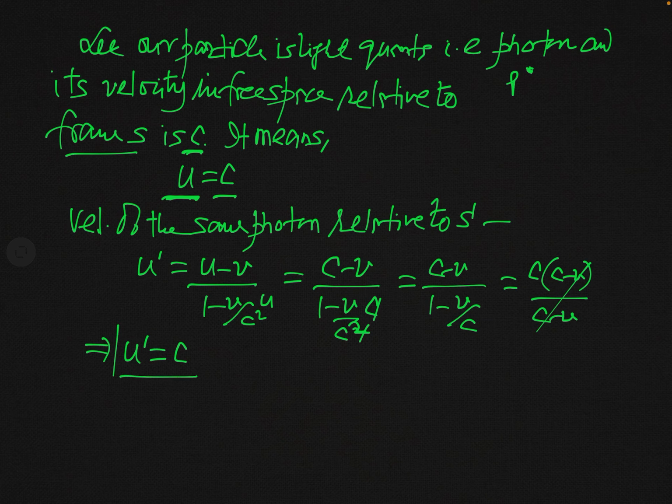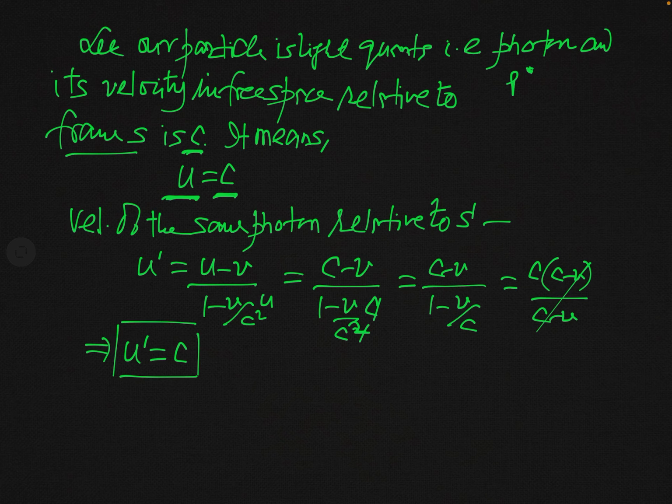This is just a surprising result. You can see that when we have considered that the particle photon is moving with velocity c in frame S, then it is found that its velocity in frame S prime is again c, not different. But according to Galilean velocity transformation equation, this u prime is not equal to c.